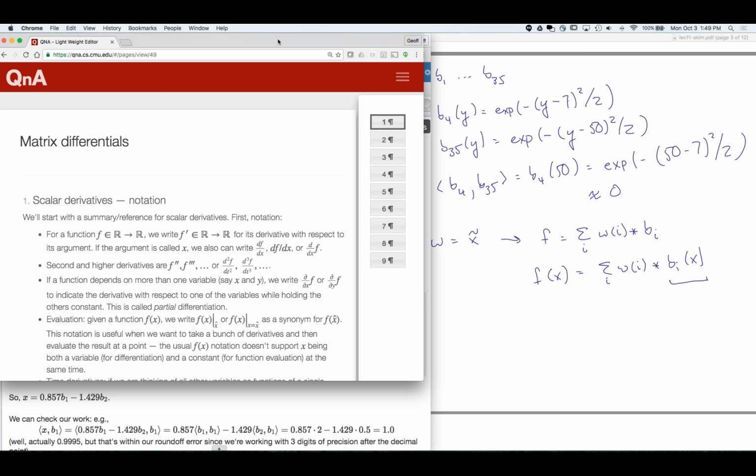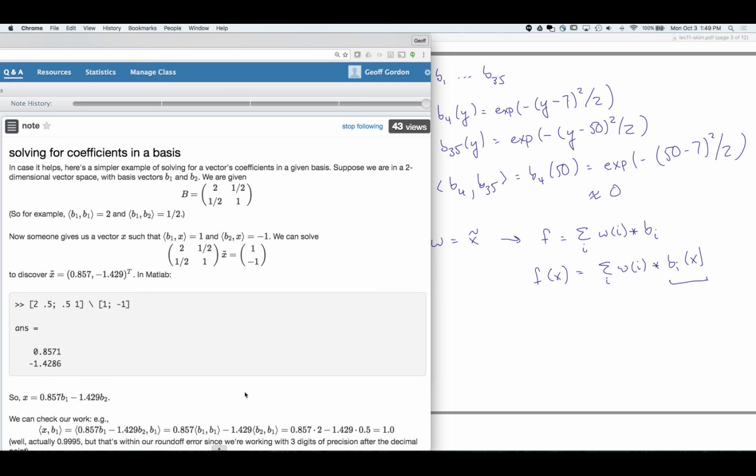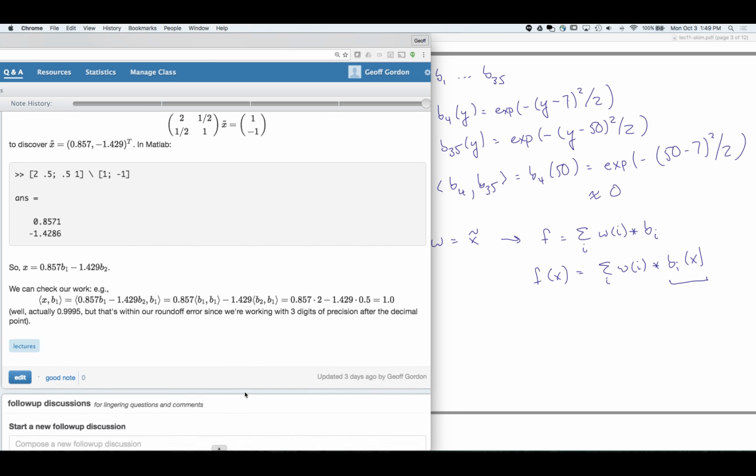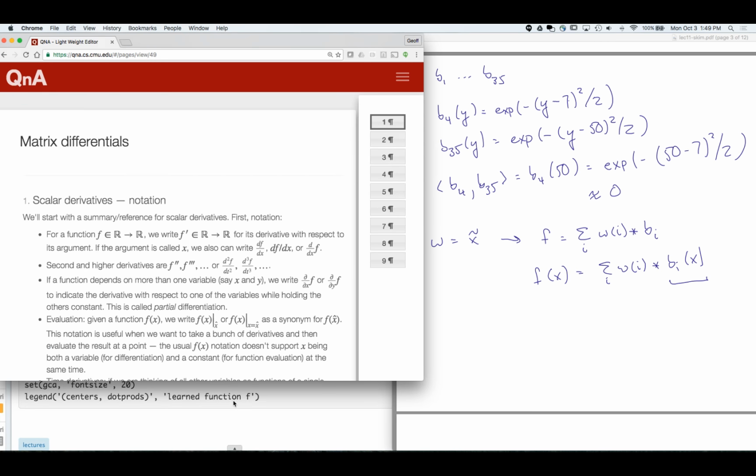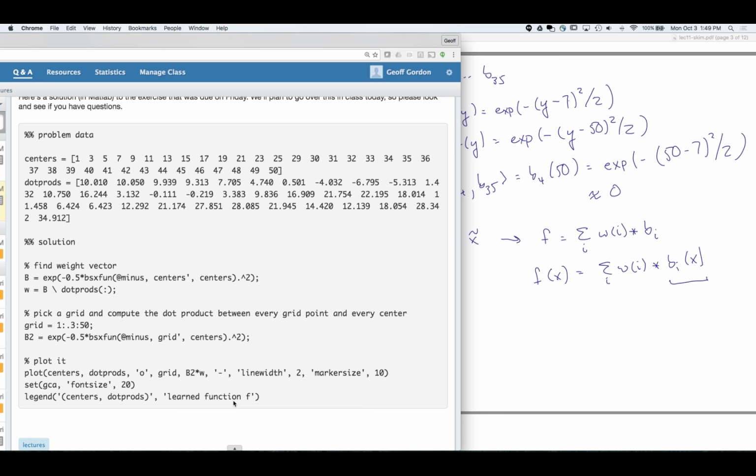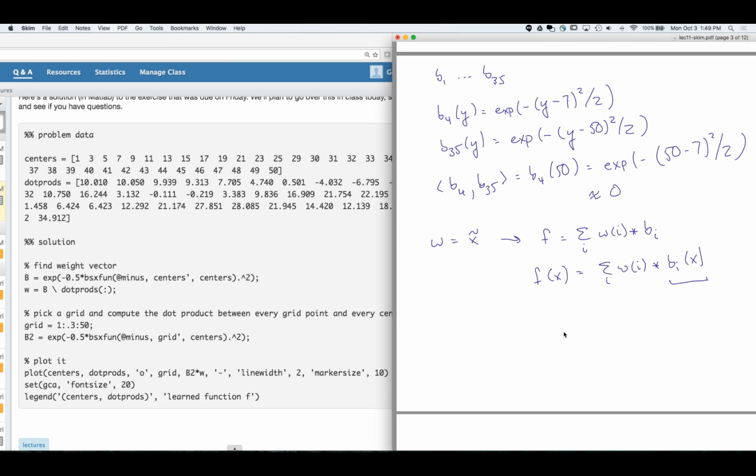Okay, here we go. Can I explain what B2 is again? Yes. So what I would like is for xj in our grid, evaluate f of xj, which is equal to the sum over i of wi times bi of xj.